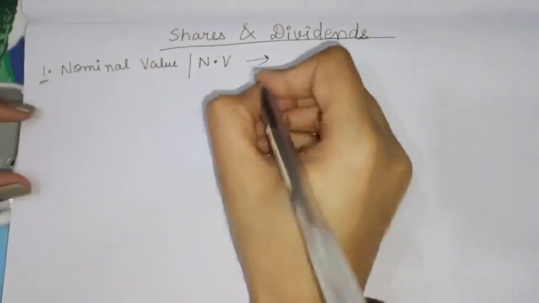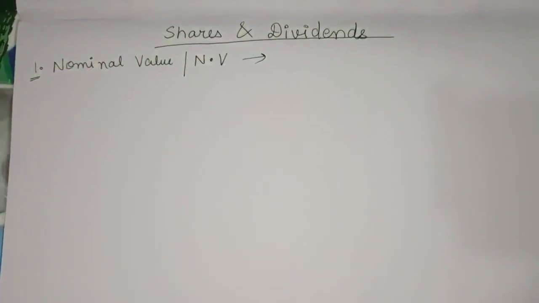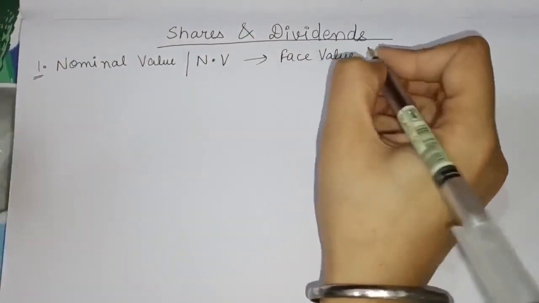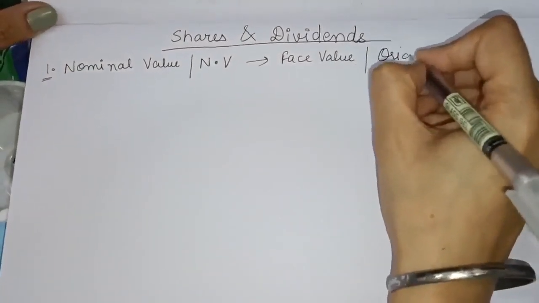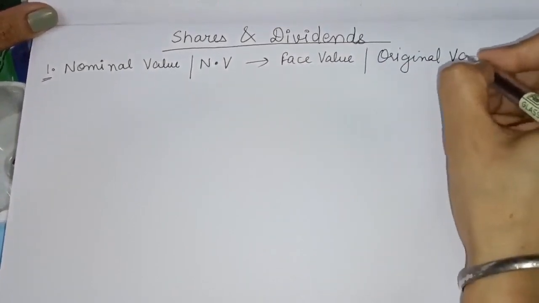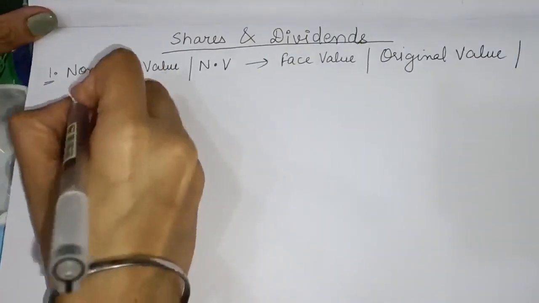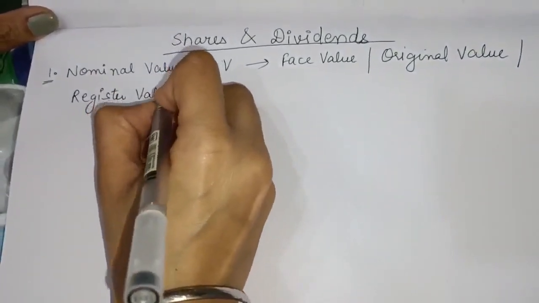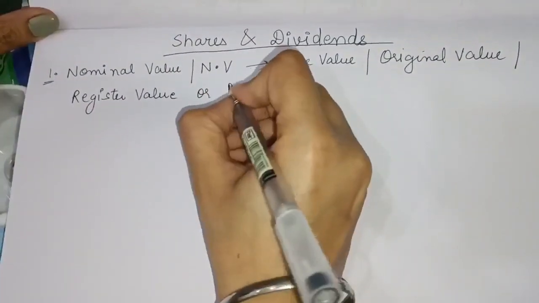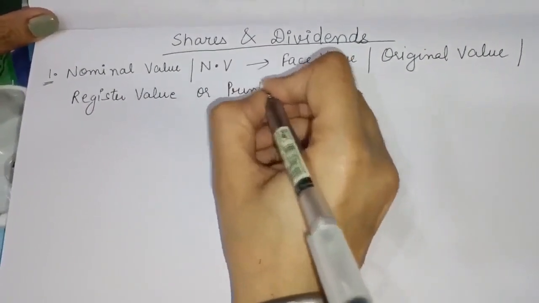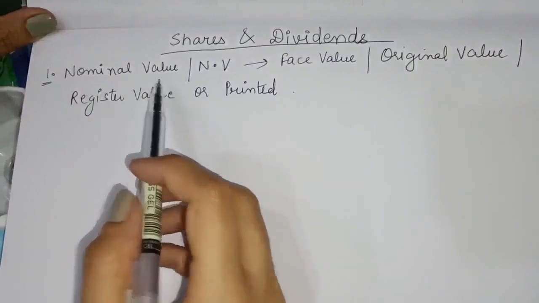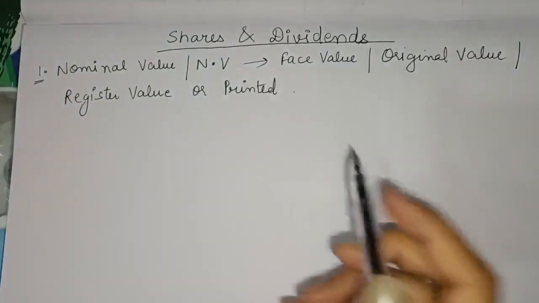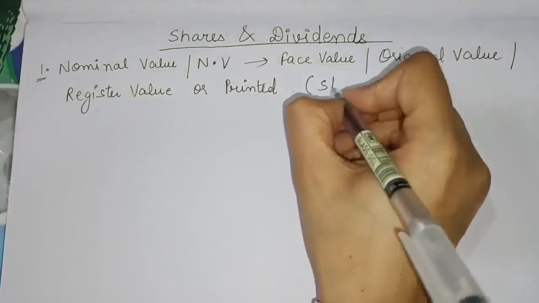So its other words which you may expect in the questions are face value, original price also, or original value, register value, or printed value. Nominal value is the original, as you can see here original word is there. So nominal value is the original price of the share.